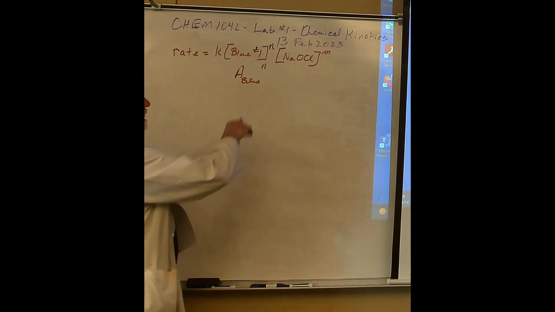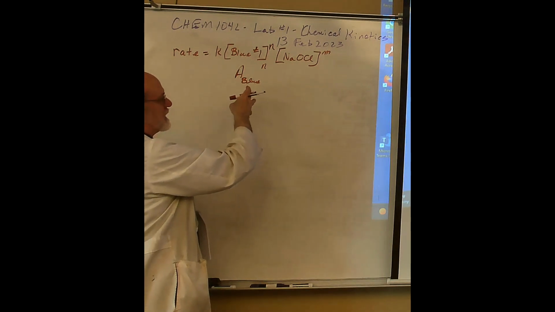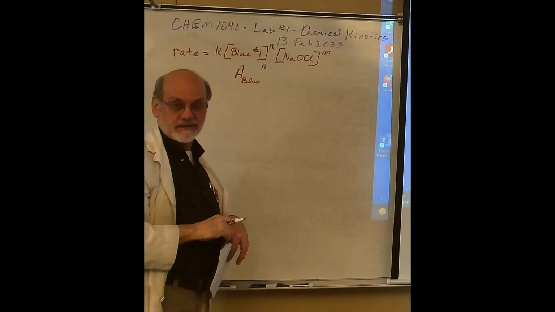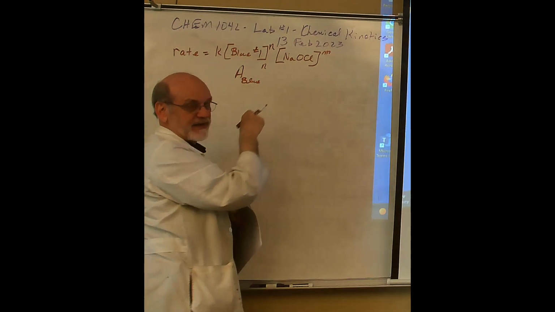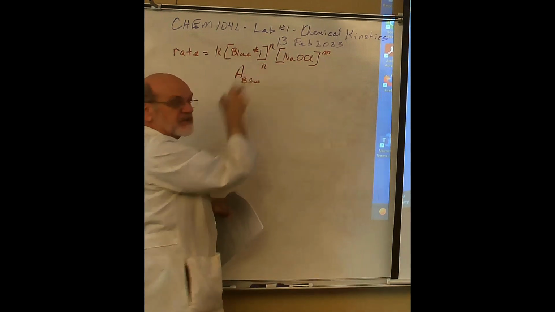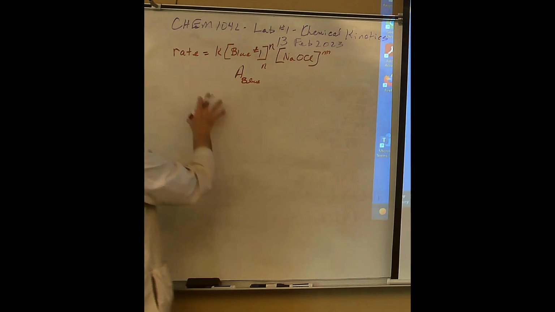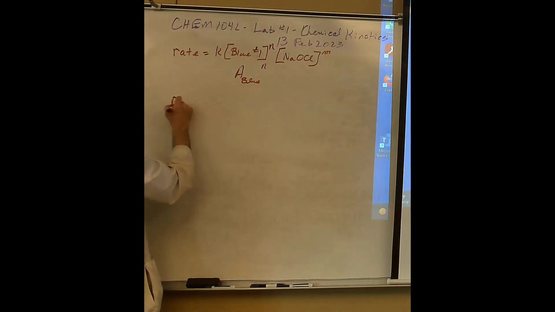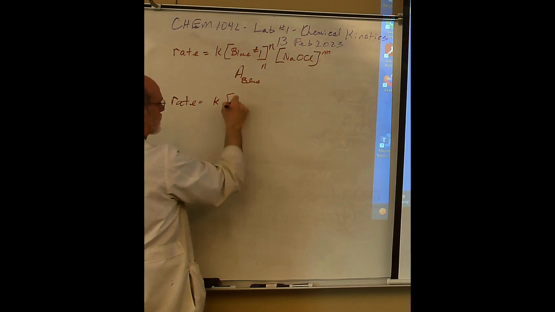But we can't get at the order of one if we let the other one vary. So what we do is we make this concentration so high that it essentially doesn't change during the reaction. So what happens there is the rate now becomes, let's take this one and put this one over here.